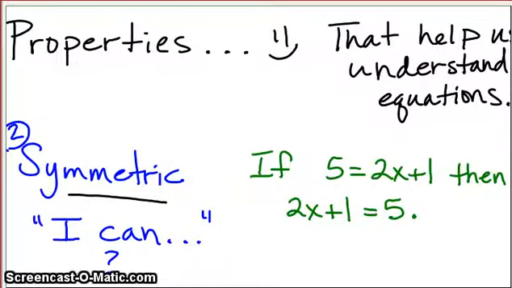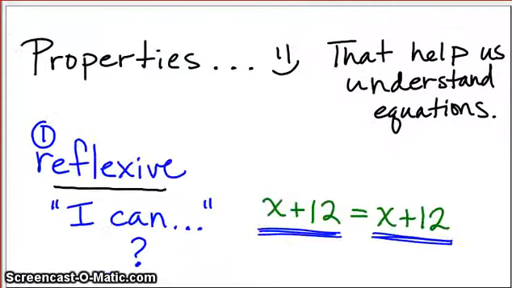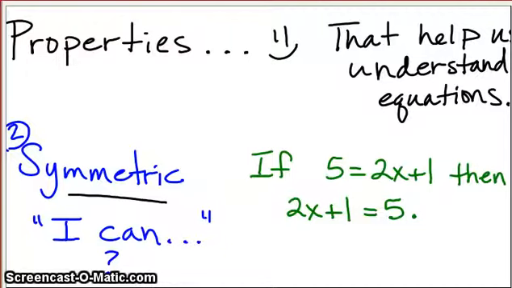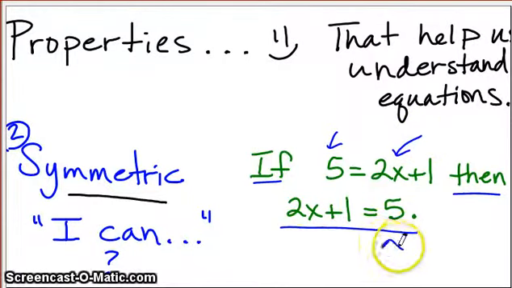Symmetric, it kind of looks like reflexive because you have the same thing stated within a mathematical statement. However, it's not just one single equation. You've got an if-then statement. And what do we have here? We've got 5 first, and then 2x plus 1 in our example. And then what happens here? Well, it is reversed. And that is the symmetric property.